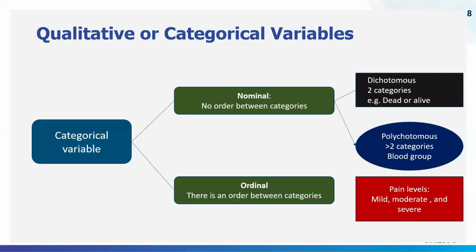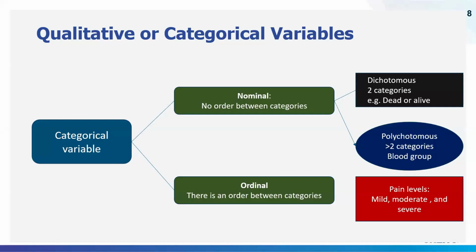So just to have a clear picture of what we've just mentioned, categorical or qualitative variables can be subdivided into two. We have nominal, where there is no order between the categories, which can also, based on the different possibilities of a nominal variable, be called binary or dichotomous, where we just have two possible options, like someone can be either dead or alive.